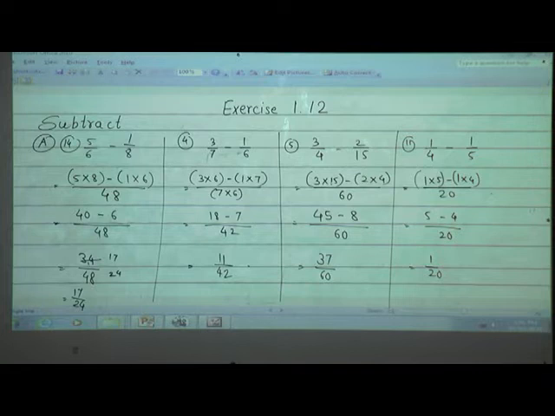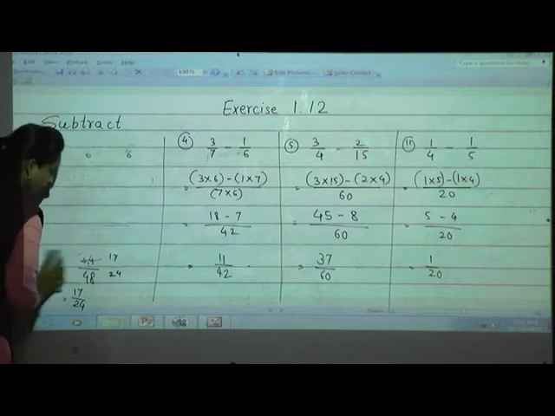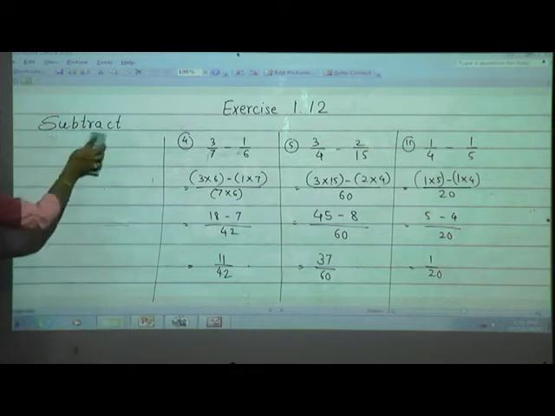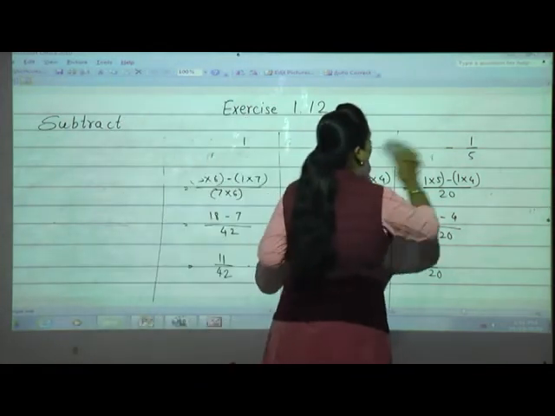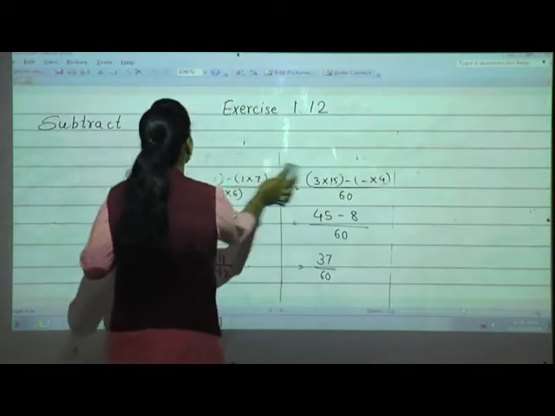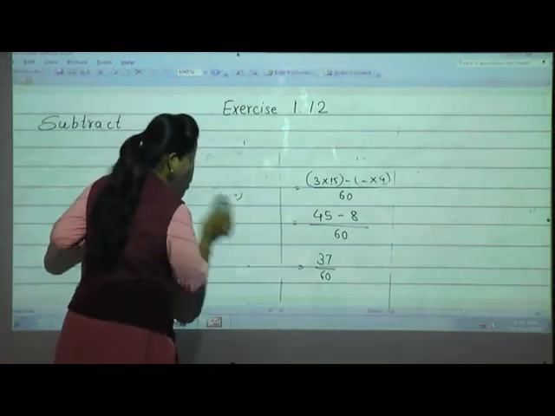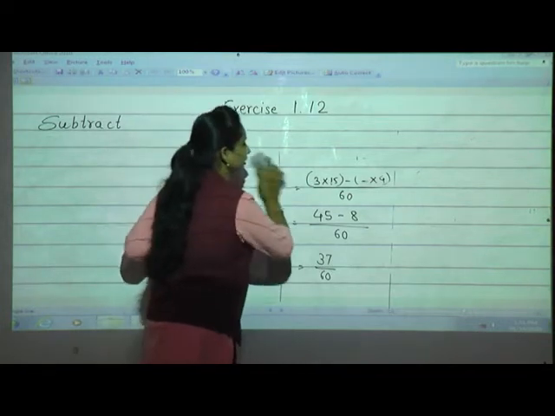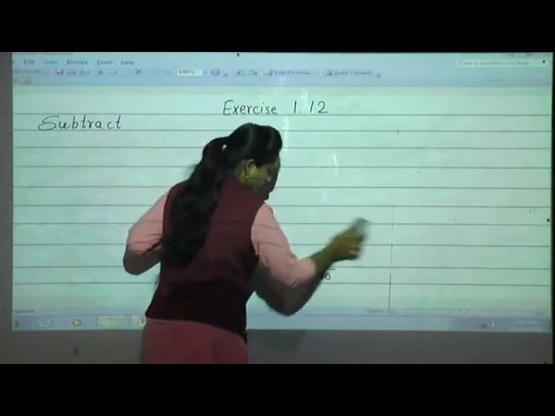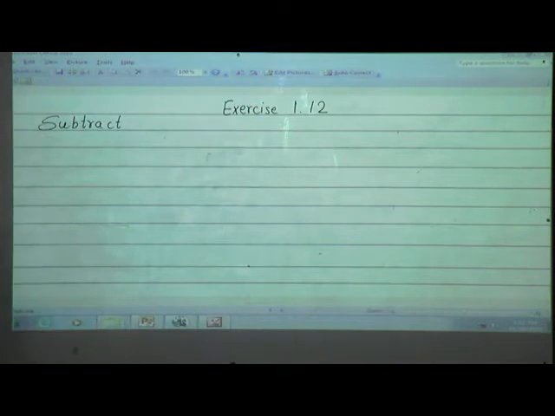Now we will start solving our B question. Now B also is subtraction only.